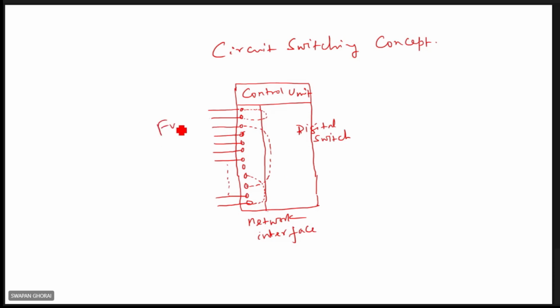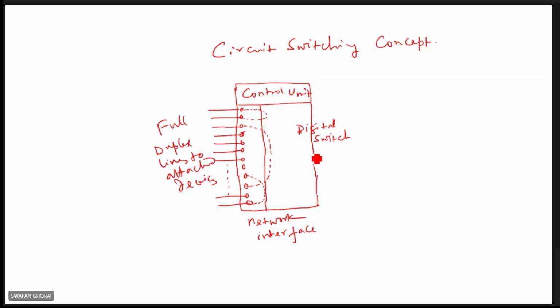Here, the full duplex lines are attached to attached devices. So you see there are basically three elements.